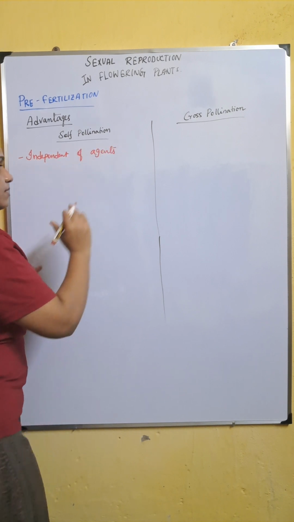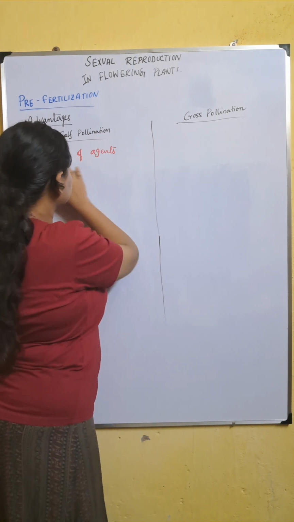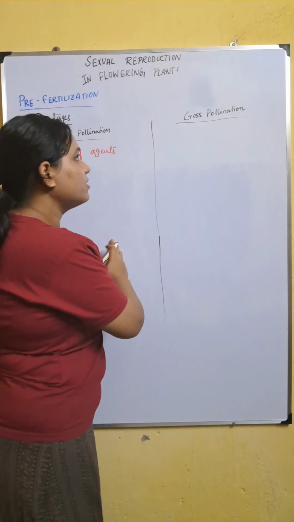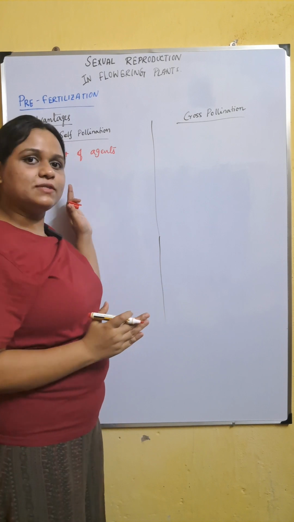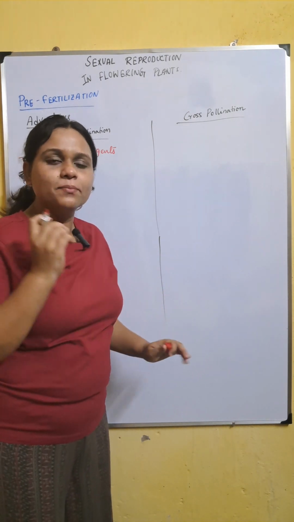If this is the advantage of self-pollination, this can't be the advantage of cross-pollination. The advantage of self-pollination will be the disadvantage of cross-pollination. This is a simple trick.